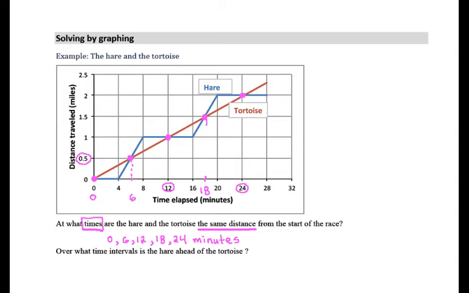So for the next question, we are asked, over what time intervals is the hare ahead of the tortoise? For that, we want not just single values, but whole intervals where the hare's graph is above the graph of the tortoise. Ahead of, we're going to go with above. So that's going to be this interval here.